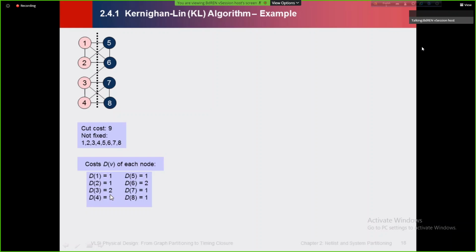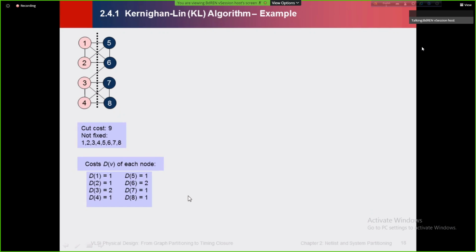Number 4, 2 cut minus 1 uncut, that will be 1. Number 5, 2 cut minus 1 uncut is 1. Number 6, you see here, 3 cut minus 1 uncut, so that will be 2. Number 7 we have done already. Number 8 is 2 cut minus 1 uncut is 1.